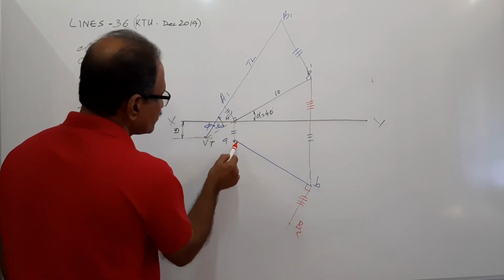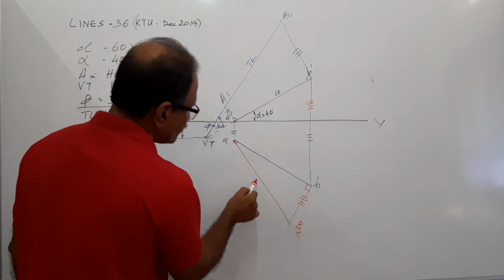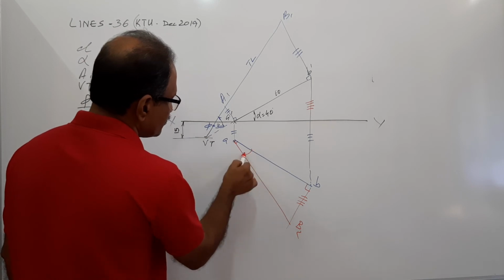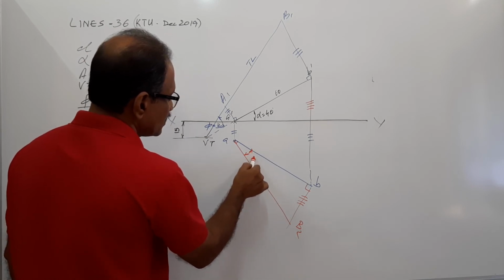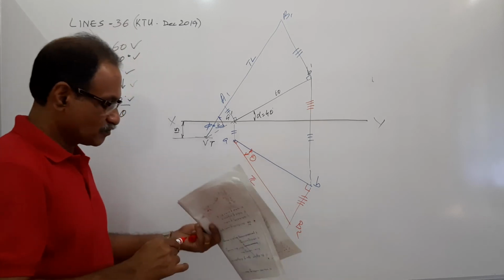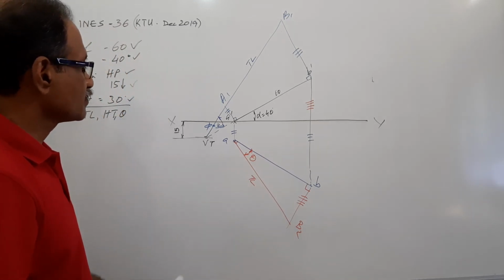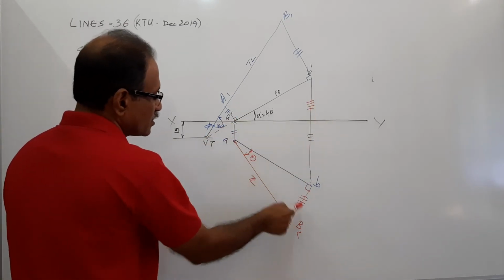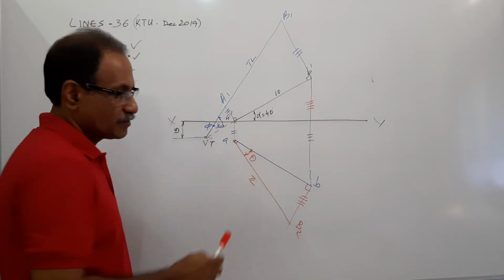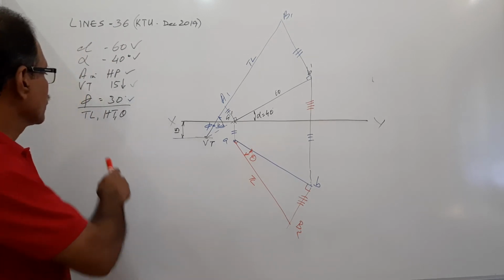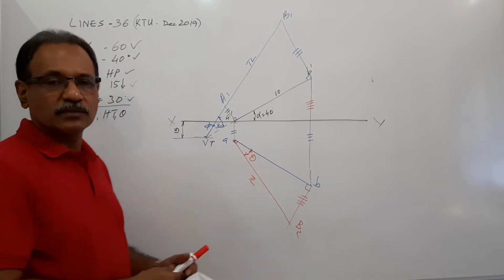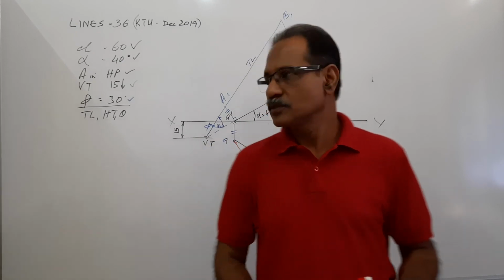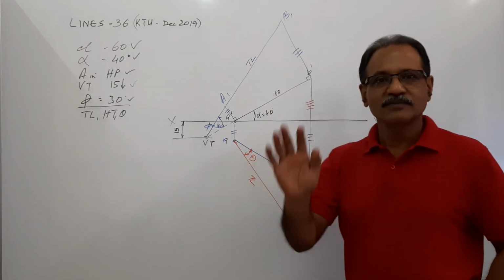Here zero distance. This is theta. Zero distance, this distance, true length and theta. That's all. Very simple question. Okay? Thank you.